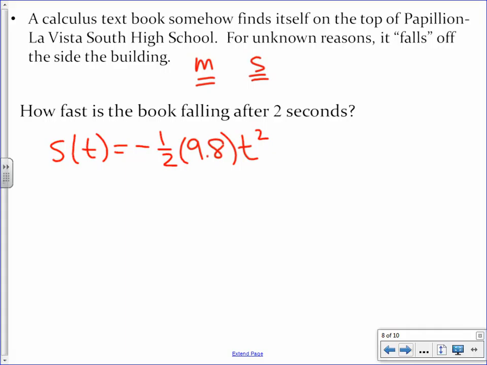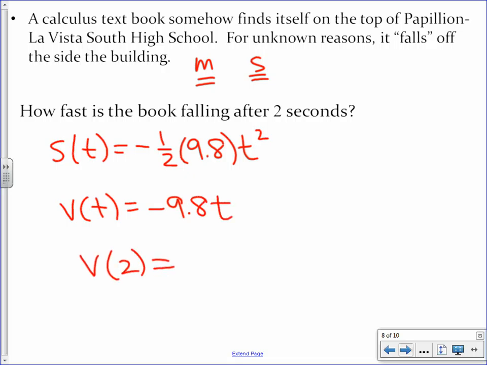So how fast is the book falling after 2 seconds? That means we need to evaluate its velocity, the derivative. So our velocity is negative 9.8t. So our velocity after 2 seconds would be, what?